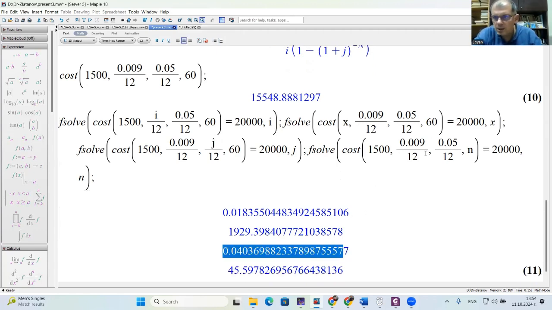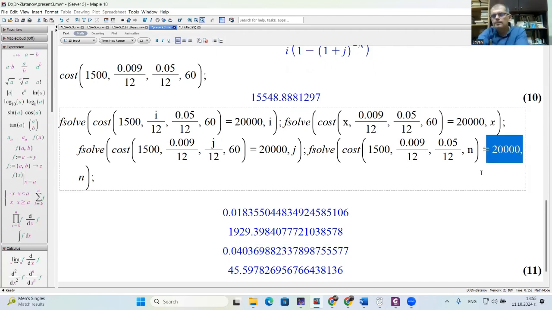And the final is how many months needed to be paid so that to optimize the payment.